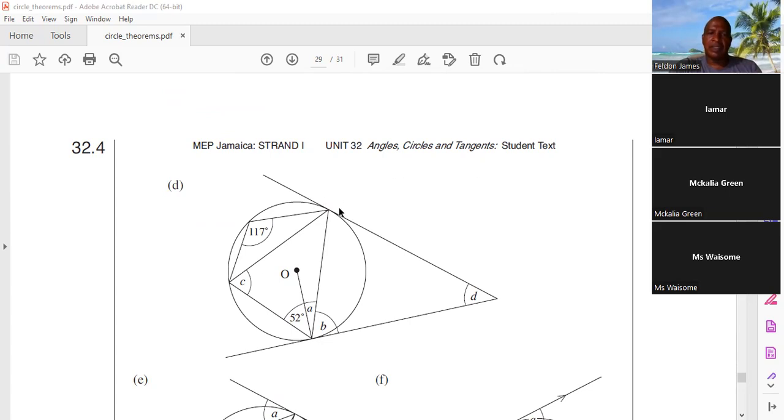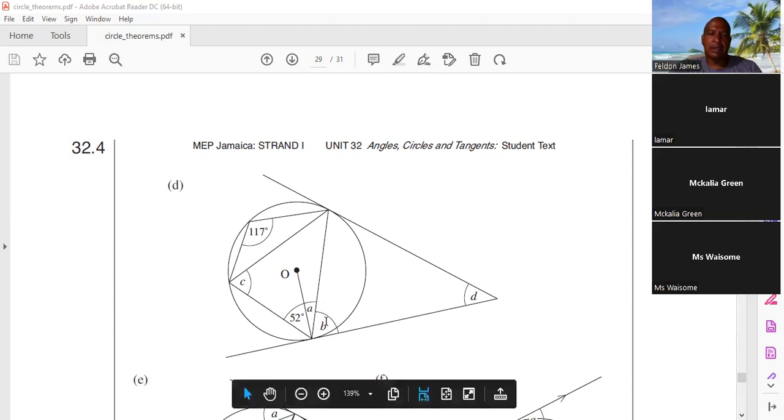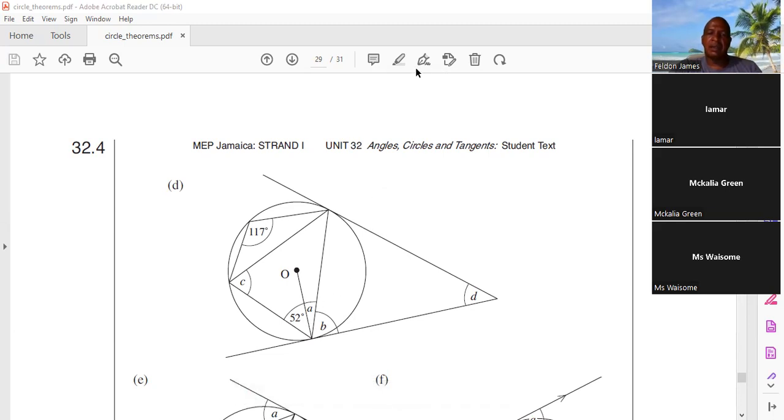Can we figure out what A is? Or where can we start? Yeah, can you figure out what A is?